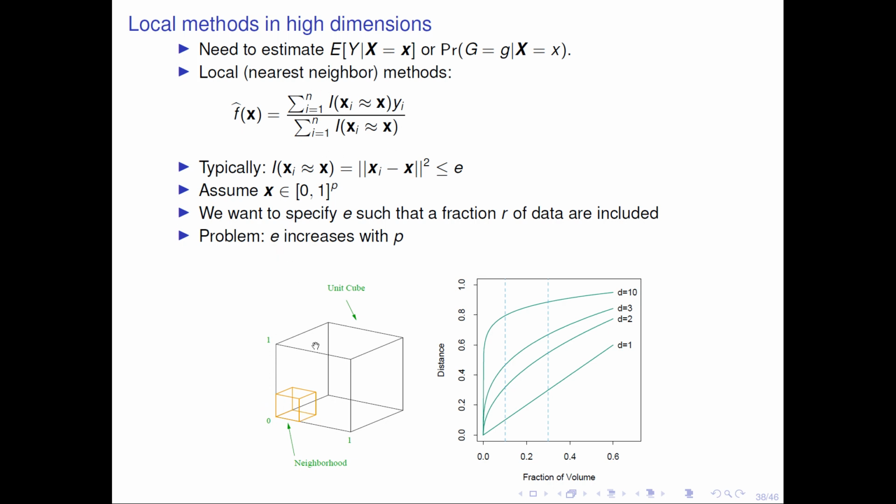Now, if we look at one dimension, then this e could be quite large. But if we include it in 2 dimensions, then the e could be quite small. But if we increase the dimension, what happens is that the e that we have to choose increases quite a lot. Now, this is perhaps not that easy to see on this plot.